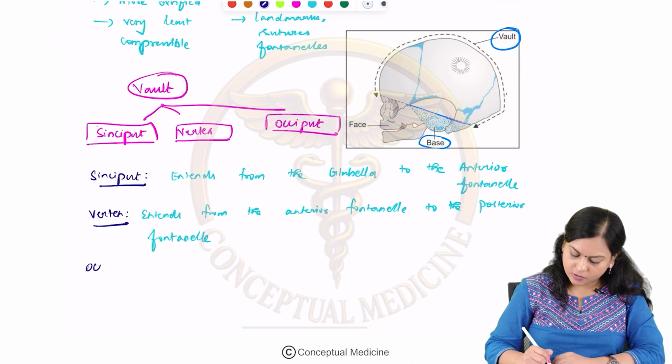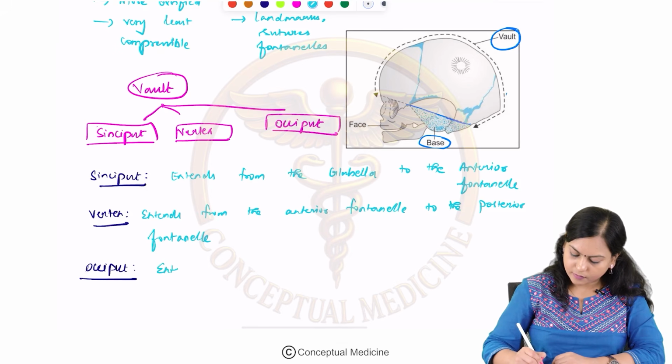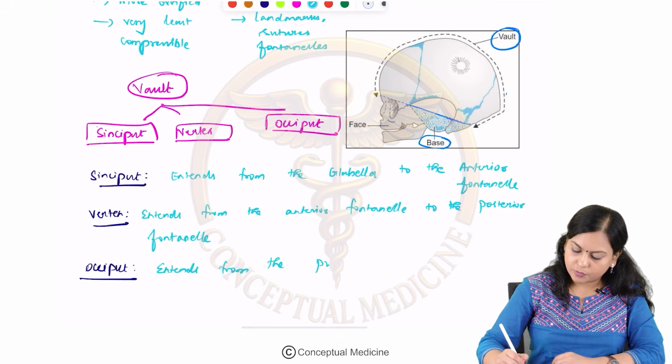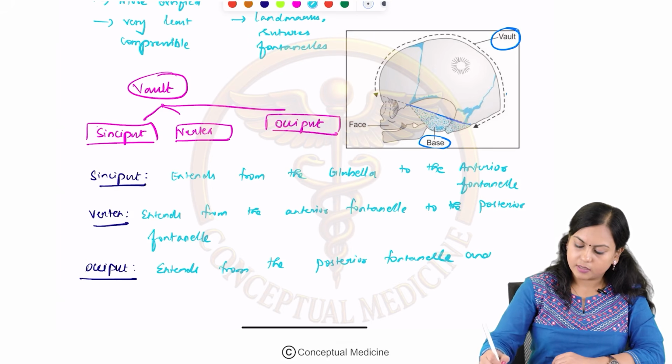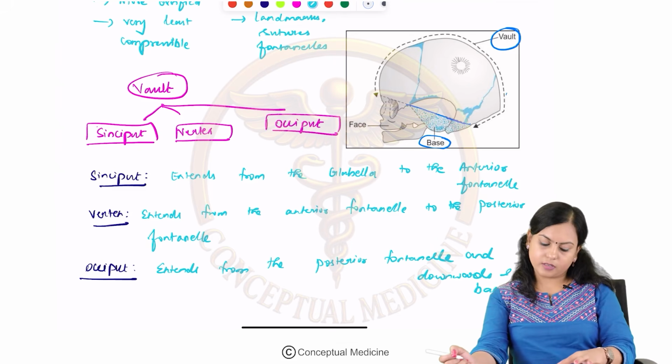Next, what is the occiput? It extends from the posterior fontanelle downwards and backwards.